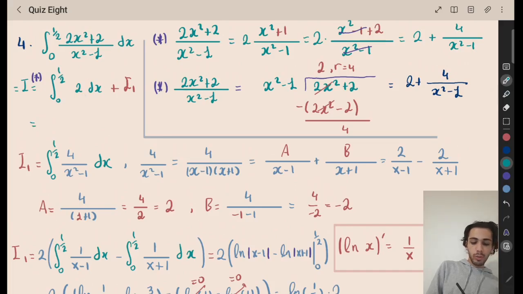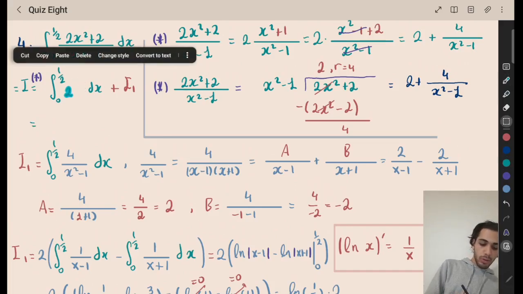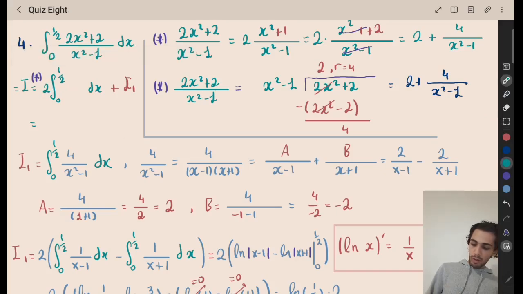So if we integrate 2, 2 is just a constant, so we're just integrating 1. So we get 2, and then you have x. You need to plug in x from 0 to half. So one time you will plug in half, and one time you will plug in 0, and you will take them away.